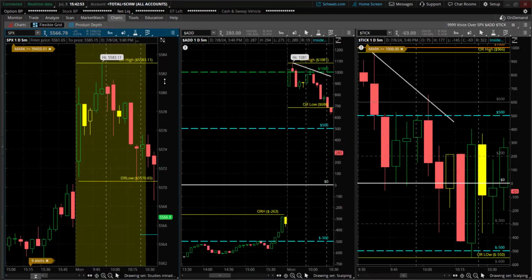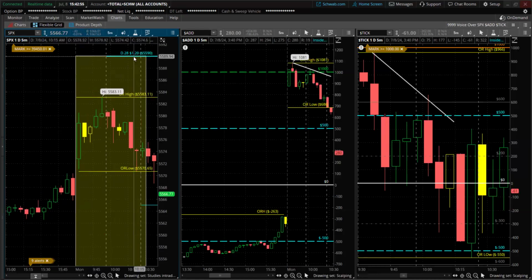Let me zoom up here some more. There we go. That was the short strike. So again, it was way above that pin bar. So I had a lot of room and space. I think right there it says Delta 28 and premium 120. Never tested that. Good for me. I didn't stay in it all day.